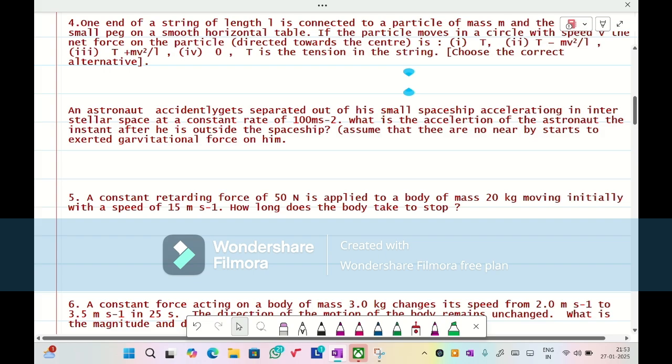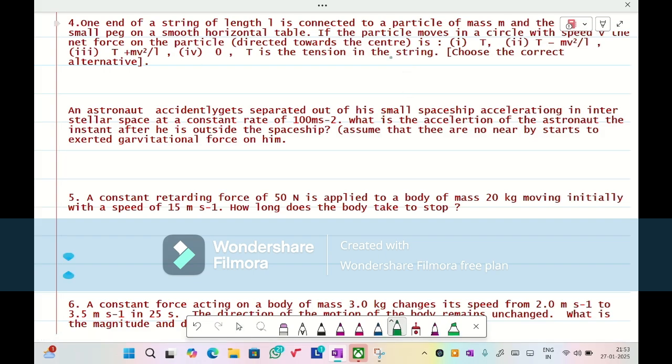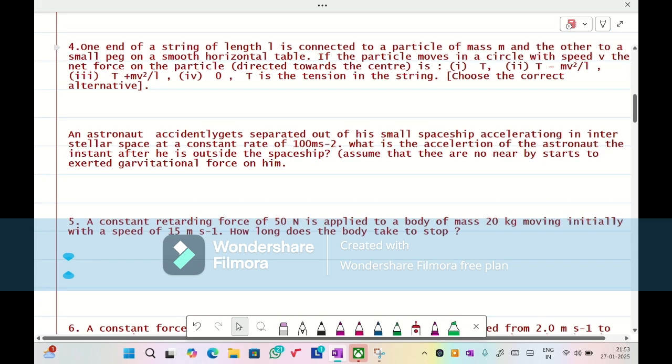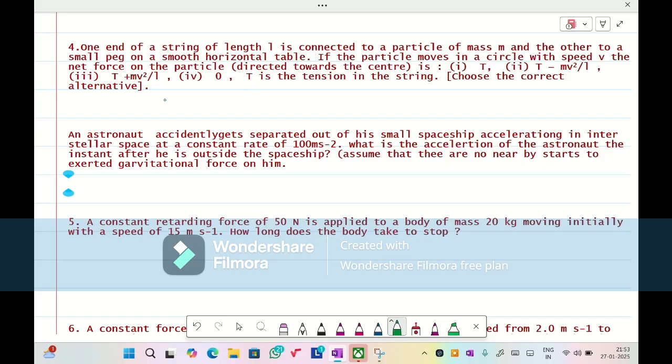Next: one end of a string of length l is attached to a particle of mass m, and the other to a small peg on a smooth horizontal table. The particle moves in a circle with speed v. The horizontal table is there, the peg is the support, and one small mass is moving around it in radius r.